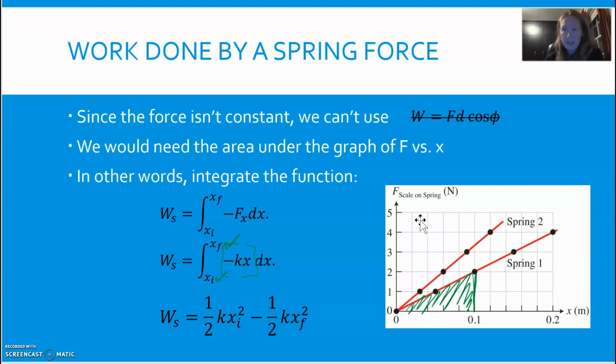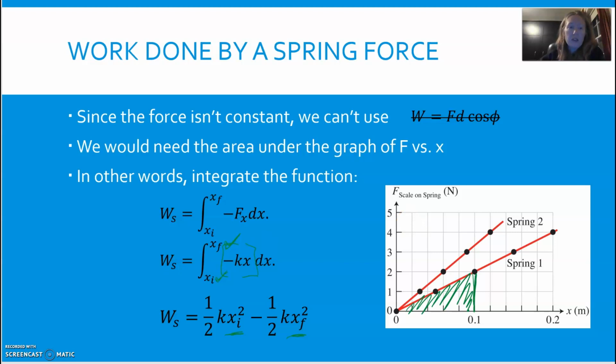If the derivative is linear, then the original function must have been quadratic, right? And then there must have been a coefficient in front of it. So it's K, but there must have also been a 1/2 there. And then the negative sign explains why we have the xi first and then the xf.